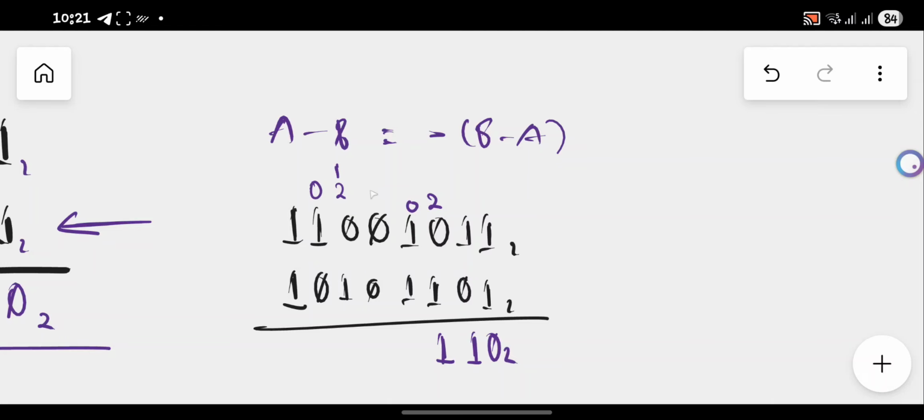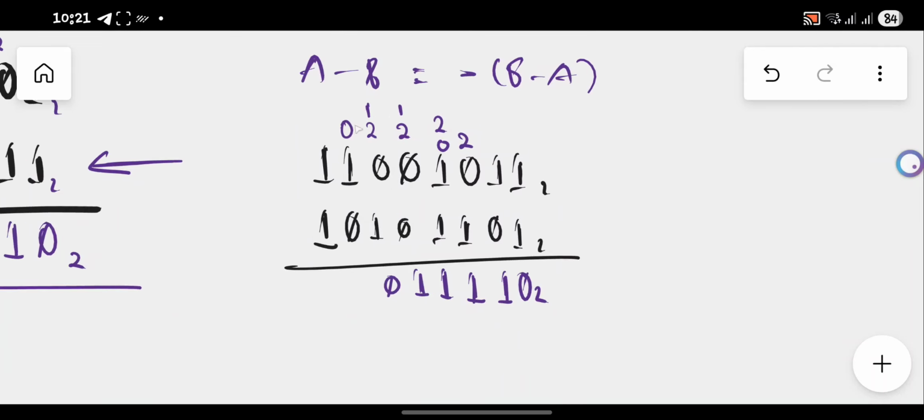Then this 2 comes here. Then we are going to take 1 from it, so that here becomes 1. Then this 1 we borrowed will come here and be 2. Then these 2 will subtract this 1 and we have 1. Then here is 1, so 1 minus 0 gives us 1. Then here is 1, so 1 minus 1 will give us 0.